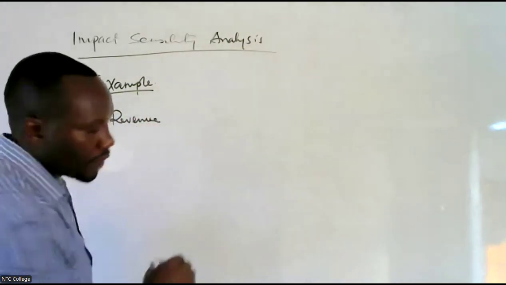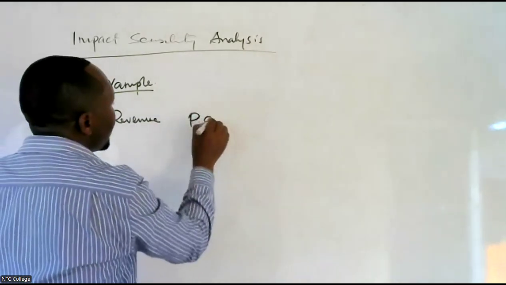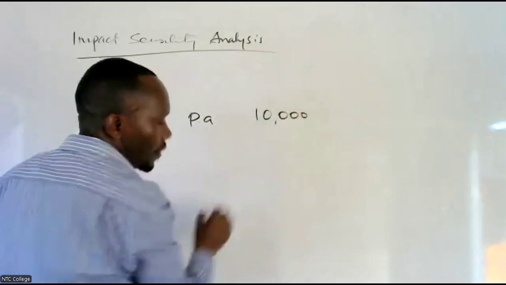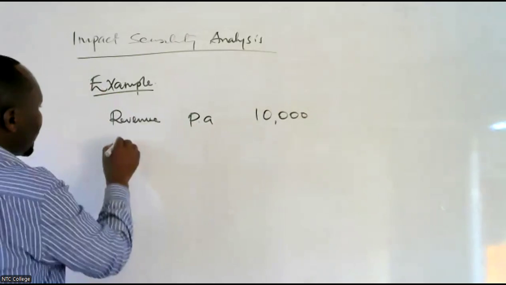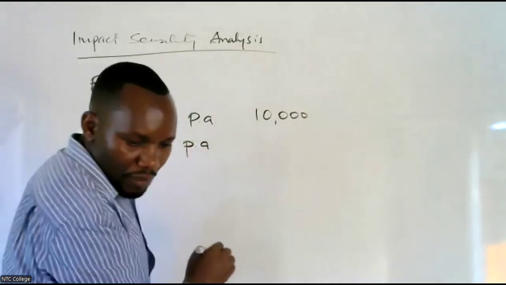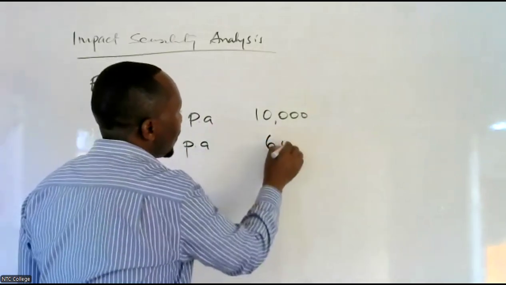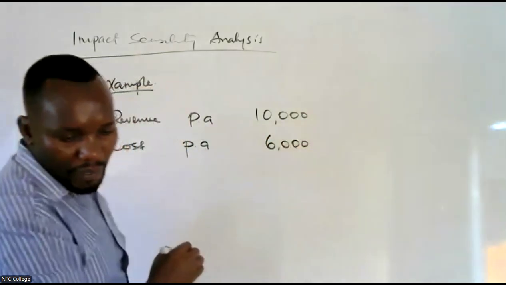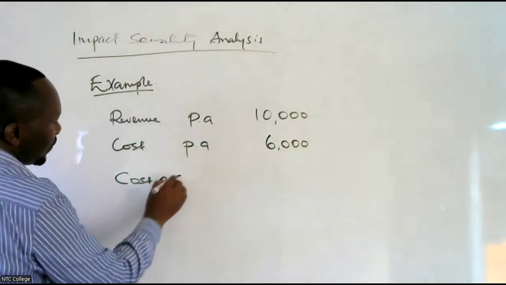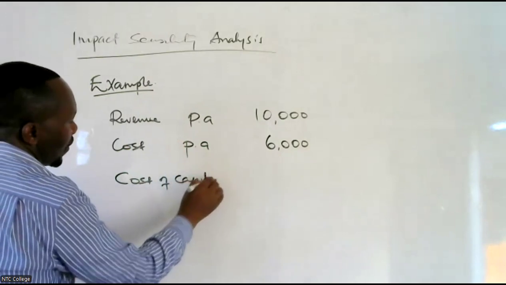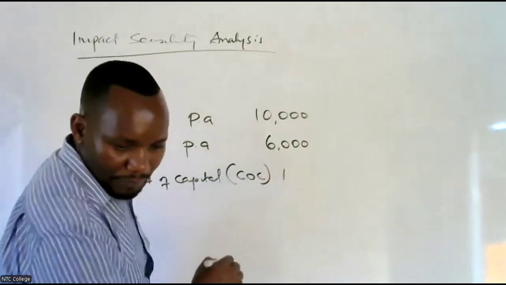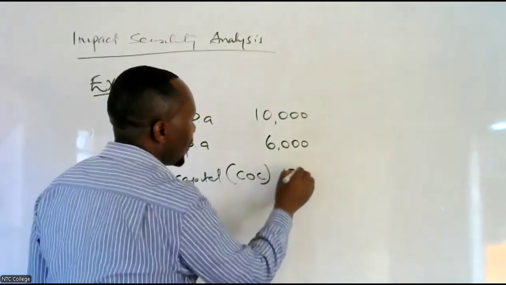and the revenue per annum is something like 10,000. Then we have cost per annum, also 6,000. Then we have the cost of capital, which we shall be writing as COC, given as 10%.